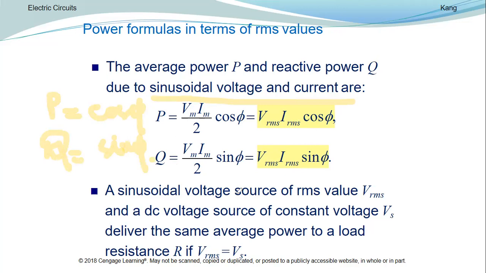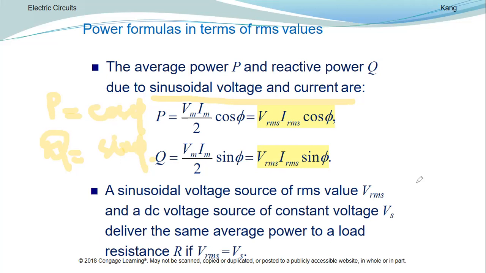The first thing to note here is that a sinusoidal voltage source of RMS value V RMS and a DC voltage source of constant voltage deliver the same average power to the load, which is basically delivered by a resistance.